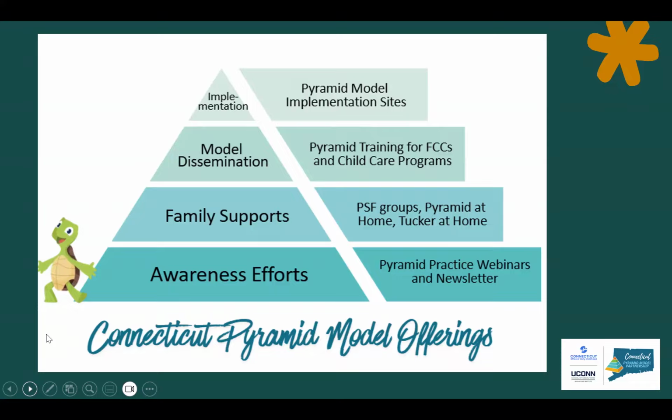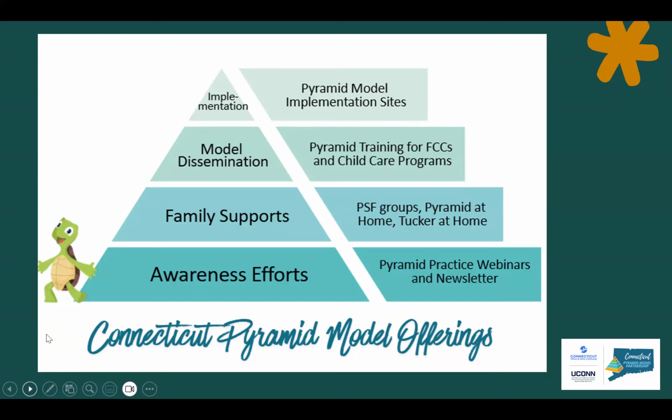At the next level for family supports, as I just shared, the Positive Solutions for Families groups are the most direct way to support families with the model. There's also a number of Pyramid at Home and Tucker at Home resources that we are rolling out within the community-wide model pilot that I'll share about in just one minute, but hope to get further dissemination of throughout the next year and a half.